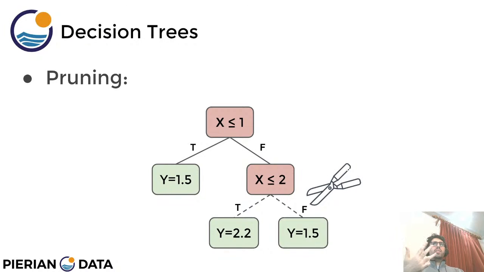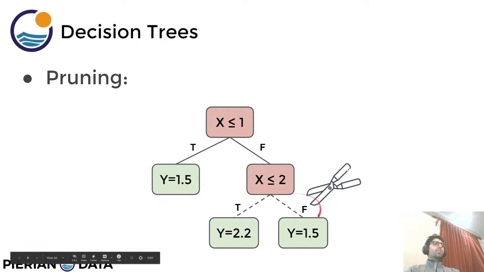Now, is that necessary? No, because that could lead to overfitting to the training data, right? So maybe you want something a little smoother with not so many steps. So what you could do is pruning, which essentially says, you know what, I think these two are overfitting too much. Let's have this be a terminal node instead.